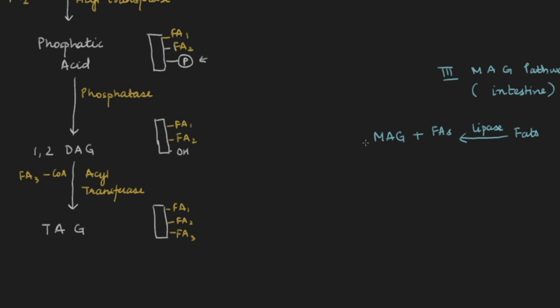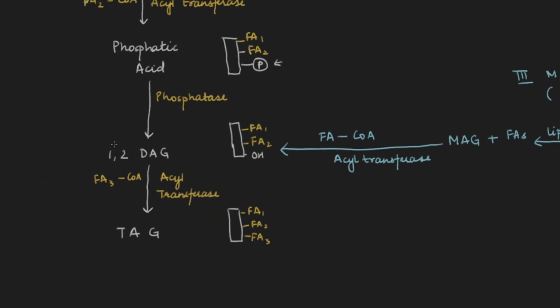This monoacyl glycerol will be acted upon by acyl transferase, and this acyl transferase is going to transfer one fatty acyl group to the glycerol molecule, and that will result in attachment of two fatty acids to the glycerol molecule, resulting in the formation of 1,2-diacyl glycerol. This diacyl glycerol will get converted into triacyl glycerol with the help of another acyl transferase that will attach one more fatty acid to it.